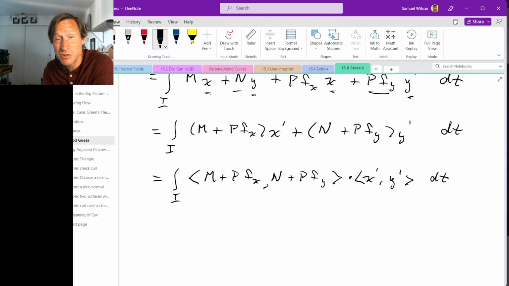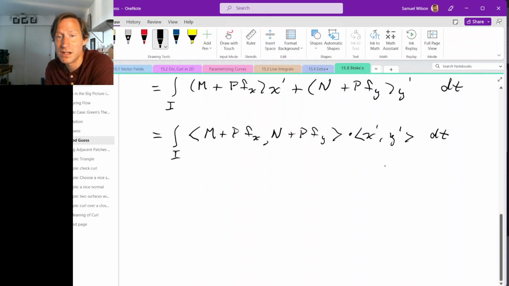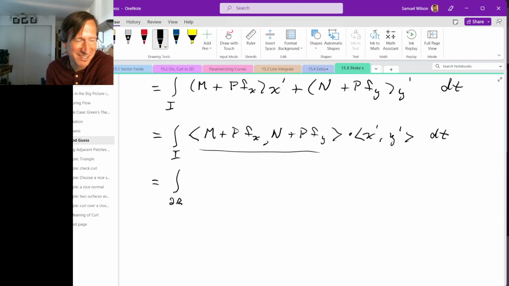But now this is genuinely a line integral of a vector field around the boundary of our region down in the xy plane. It's a different vector field than we started with, but that's the price of doing all this.